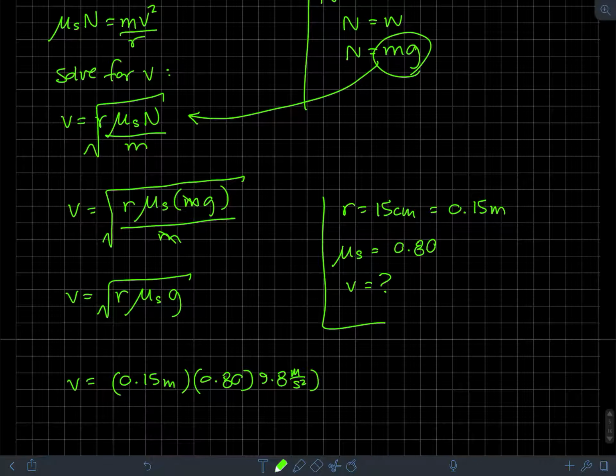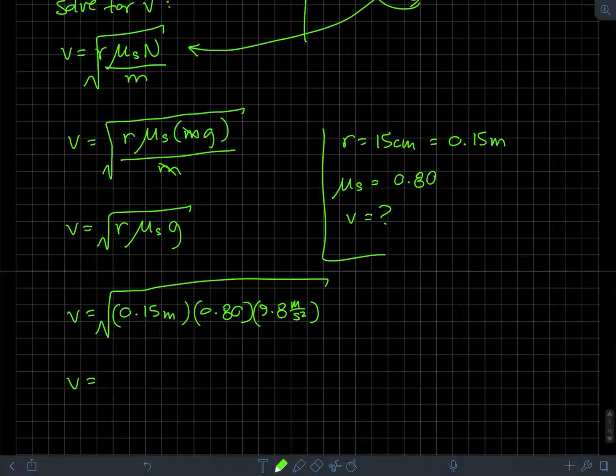Okay, so let's run the calculator, see what we get. Okay, so to 2 sig figs, it's like 1.08. I'm going to round it to 1.1 meters per second.